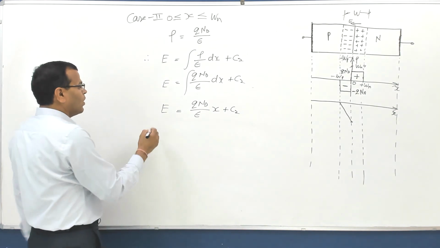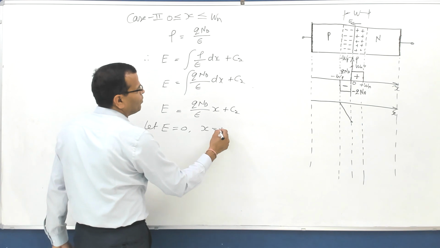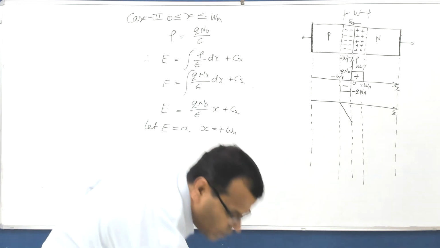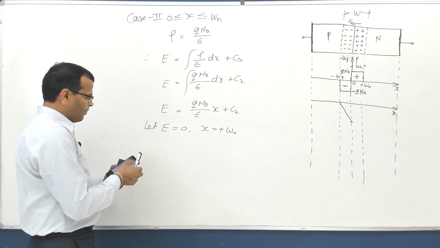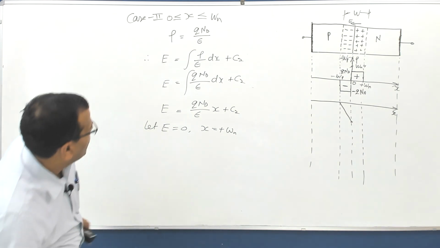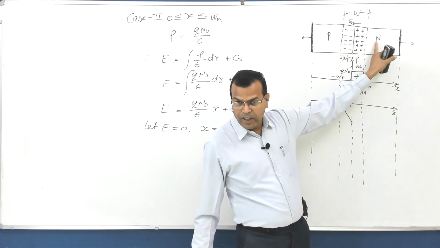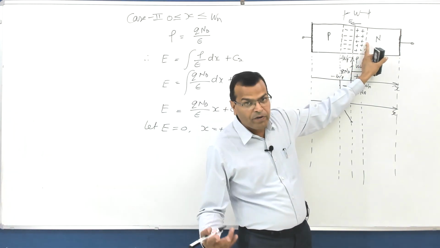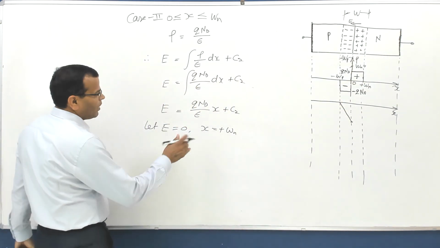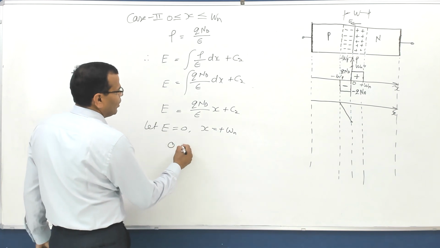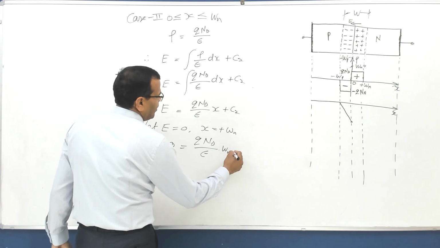And again, what do I assume? Let E be 0 when x is equal to plus Wn. So this is what you have. Why? Because I told you the electric field is 0 outside this. So from this boundary, the boundary condition x equal to Wn, it becomes 0 at that point. So this gives 0 equal to Q N D by epsilon into Wn plus C2.